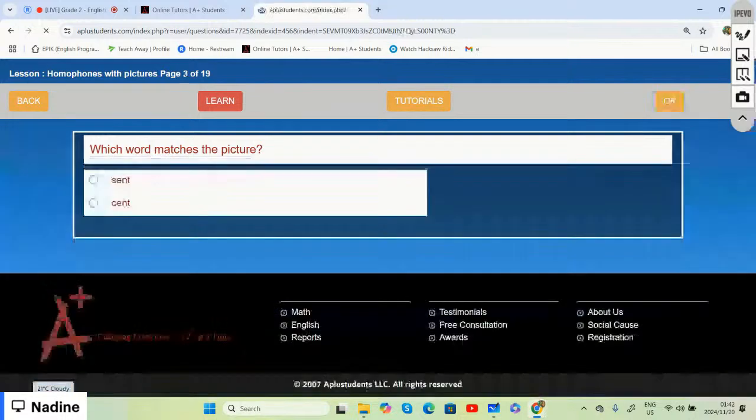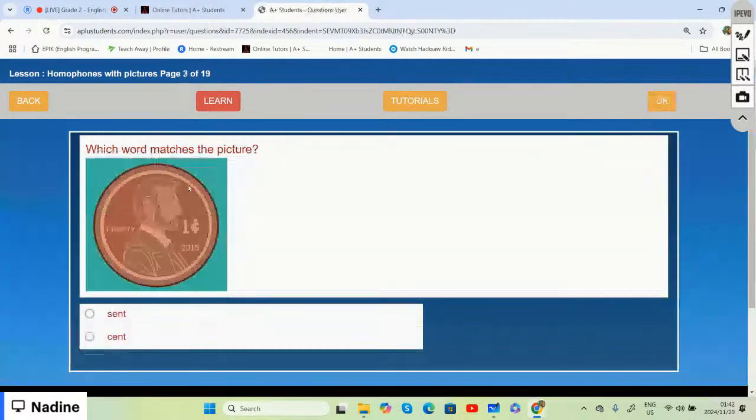So well done. The next one says, which word matches the picture? Is it scent, which is the first word, option one, or is it option two, cent?